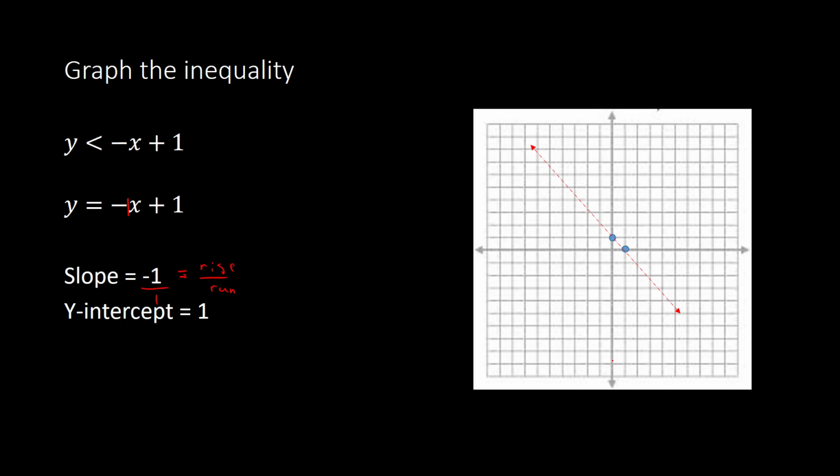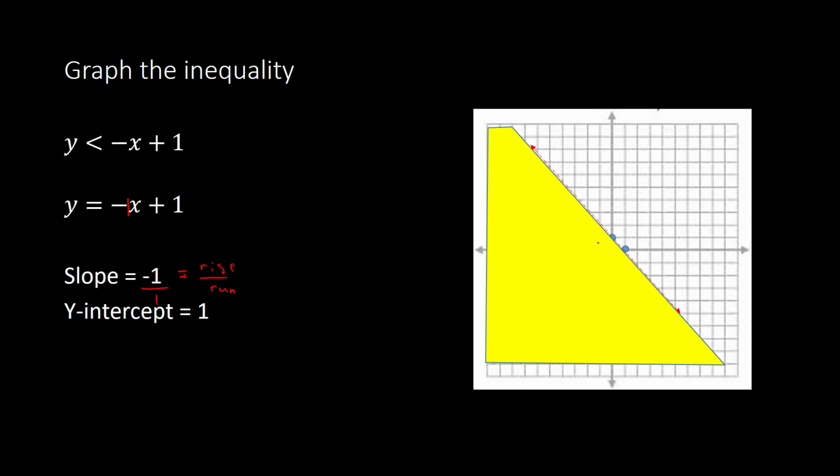So when it says y is less than negative x plus 1, I'm going to shade in everywhere where y is smaller than this line. Well, where is y smaller than the line? It's going to be below. So I'm going to shade in everything below.